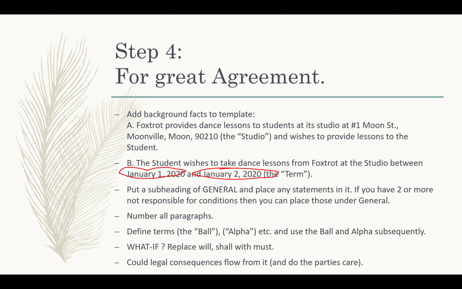In some places, for excluding or limiting the application of a provision, you can say despite subsection 20, or without limiting the rights of XYZ under section 20. Or, if you want to incorporate a provision by reference, then you say as stated in clause A of the background facts.